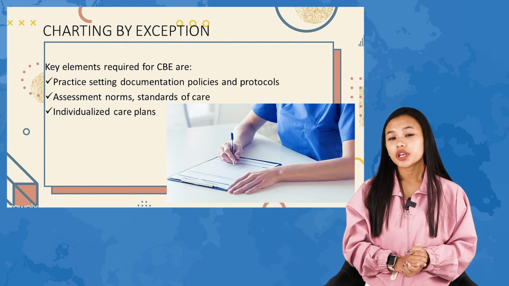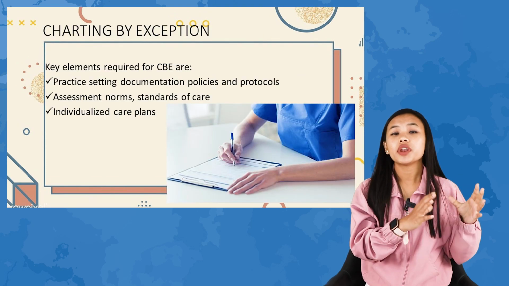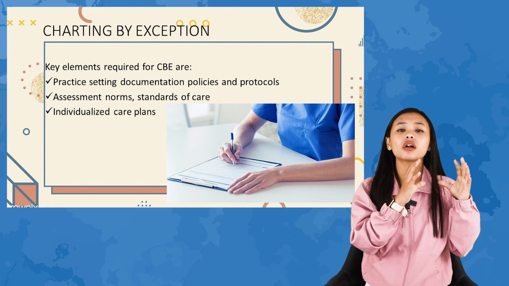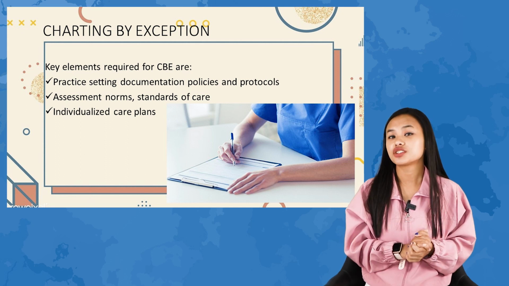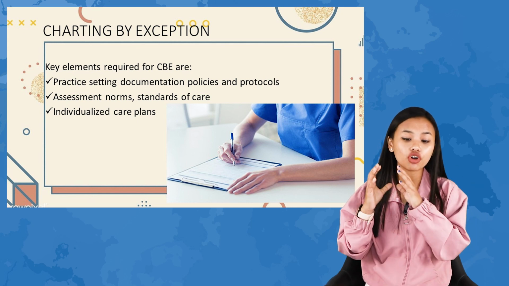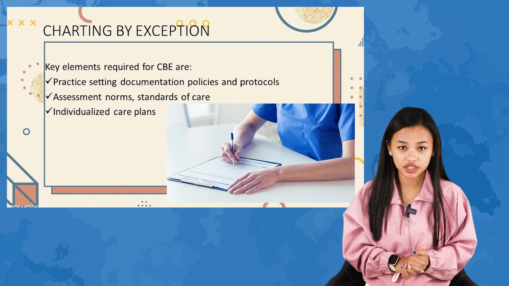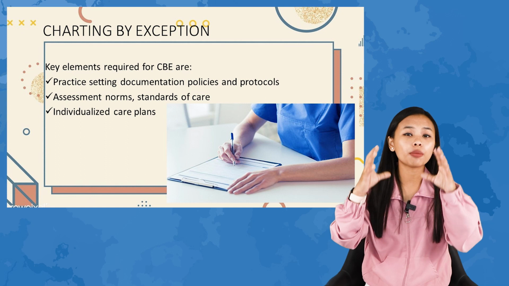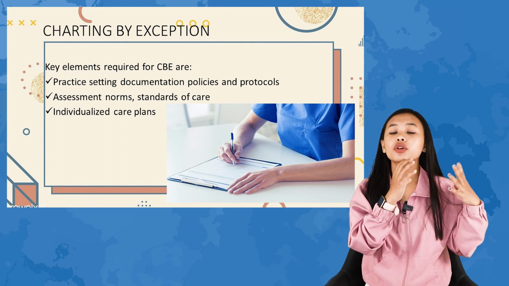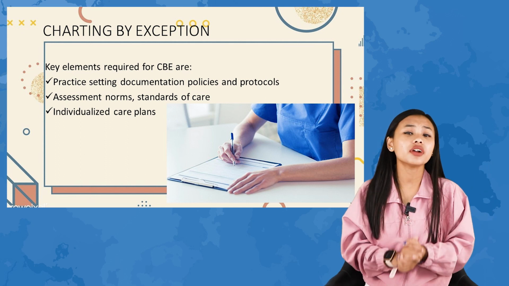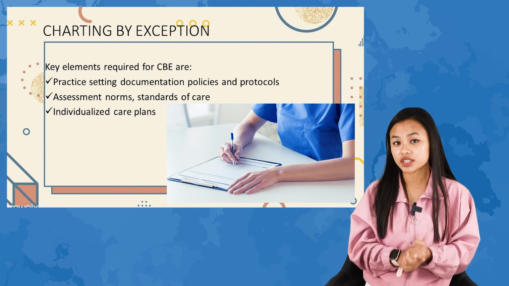So as a nurse, whenever you are adopting this CBE method while recording the condition of the client or the client's health status, there are certain key elements which you must keep in mind.